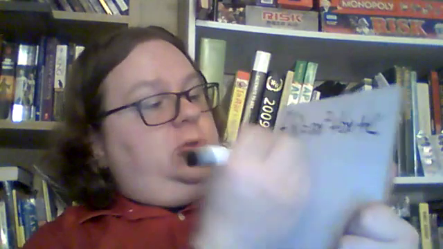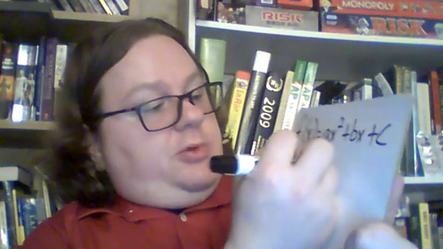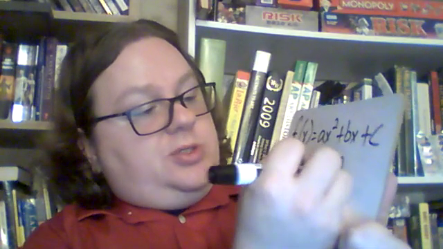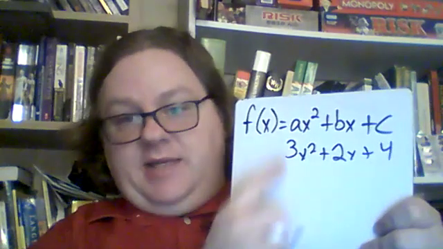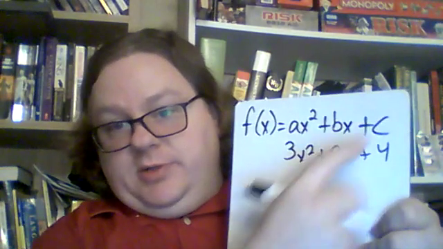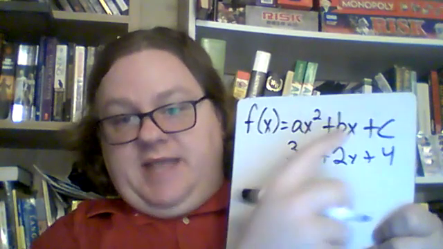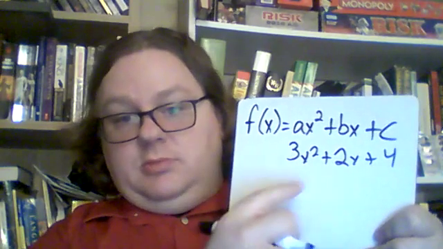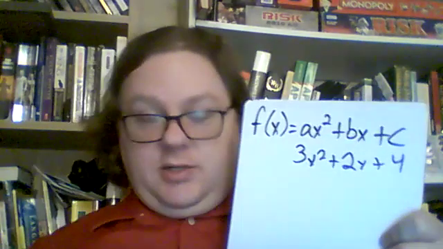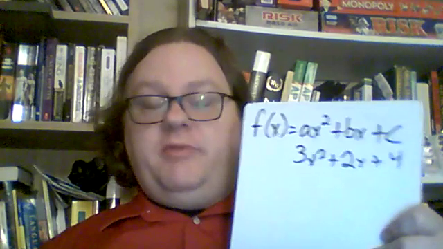So when you go to do an actual problem, it will look something like 3x squared plus 2x plus 4. See, a becomes a number, b becomes a number, c becomes a number. So these are just stand-ins for numbers when we're talking about the universal form that all of them will follow.